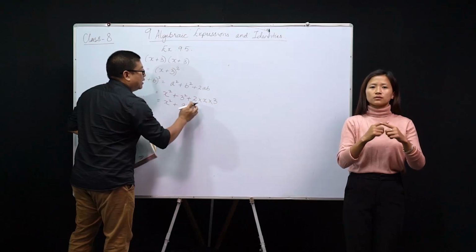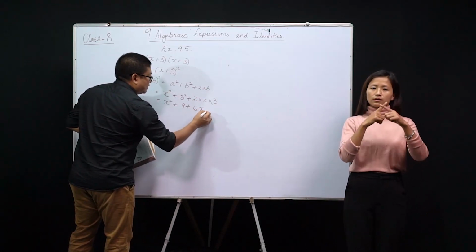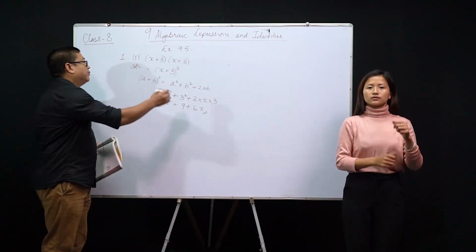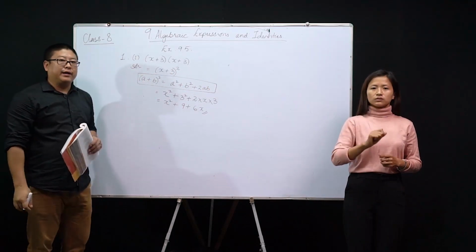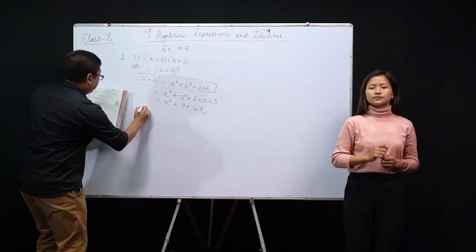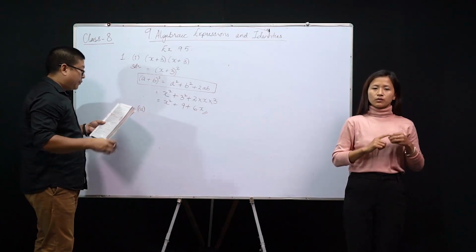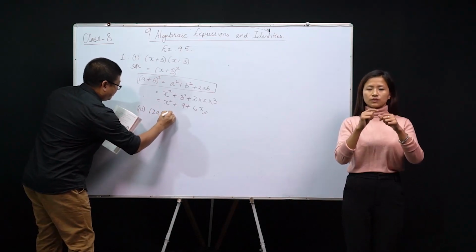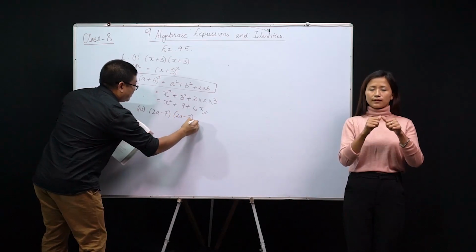Multiply the numbers. 2 into 3 is 6. X will remain as it is. So this will be your final answer: x square plus 6x plus 9. Here we used this identity. Similarly, let's look at question number 3. It is given (2a - 7) into (2a - 7).